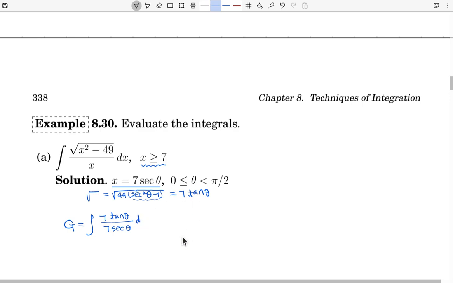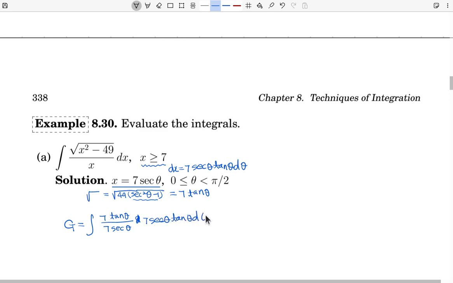Okay. Now I forgot here, dx must be computed. Dx must be 7 sec theta tangent theta d theta. So before d theta, you have to put 7 sec theta tangent theta.